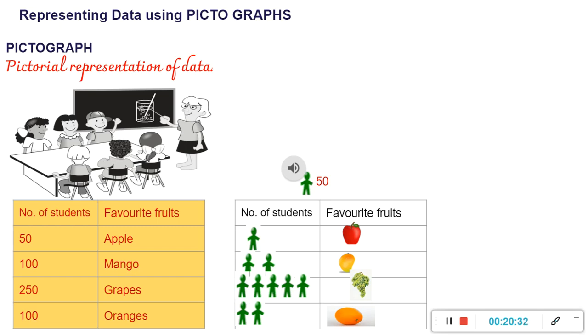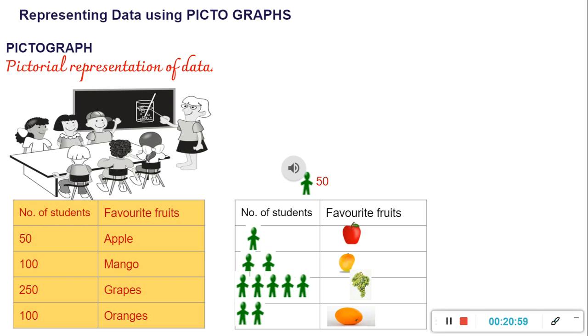When it is given in numerical form, a numerical mistake can happen. But when it is in terms of pictures, just by looking at the picture from the table, you can analyze which is having the maximum and which is having the minimum.